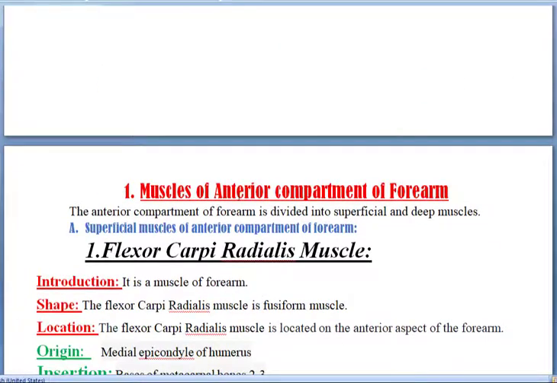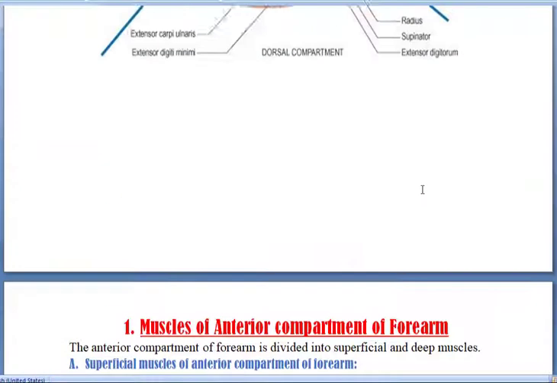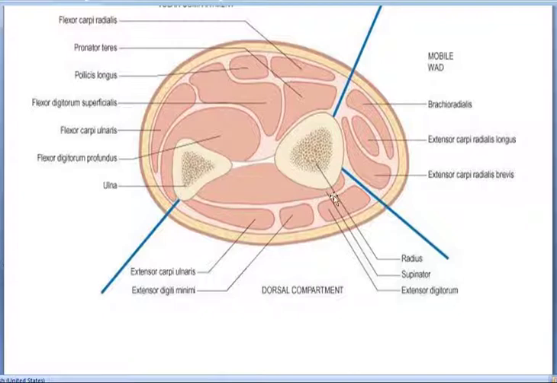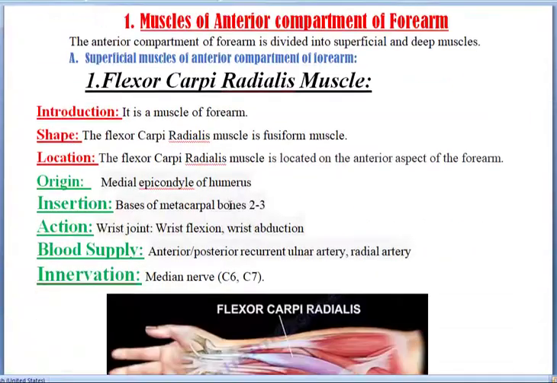Now, the muscles of the anterior compartment of the forearm. First we will discuss the muscles of the anterior compartment, then the muscles of the posterior compartment, and then the mobile wad.